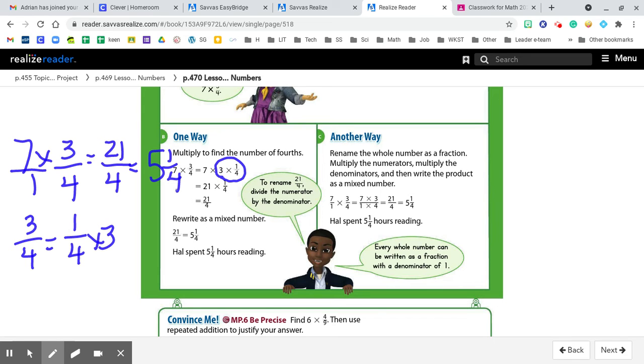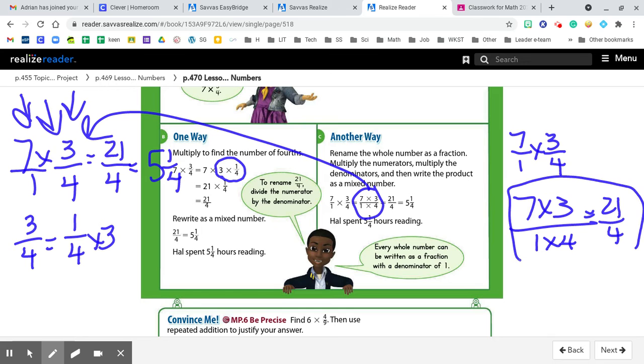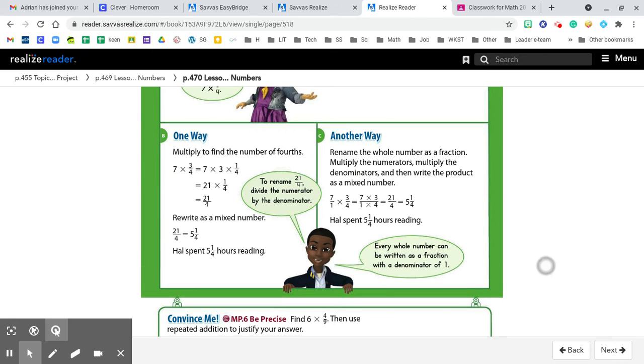So if we say 7/1 times 3/4, it's like saying 7 times 3 over 1 times 4 equals 21/4. Your parents probably use this way in the top left-hand corner. This is kind of what the books are putting in for multiplication of fractions now, but either way is fine. You get the same answer.